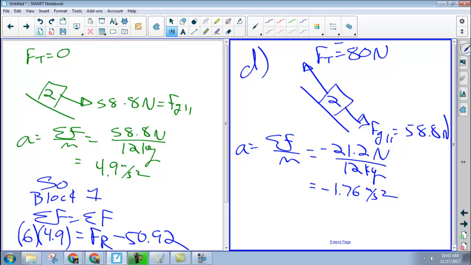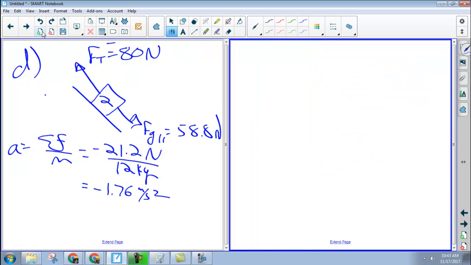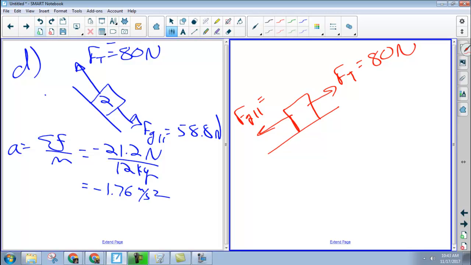Okay, so now we have to take that acceleration and apply it to the other block. Our other block has 2 forces on it. It's got a tension of 80 newtons and an FG parallel, which is equal to M times G times the sine of 60 degrees.